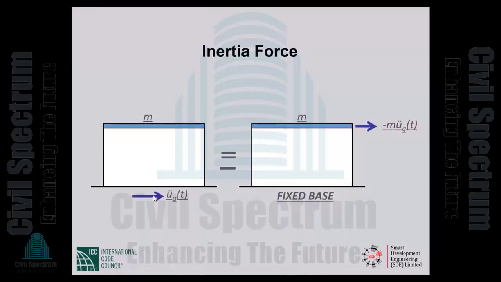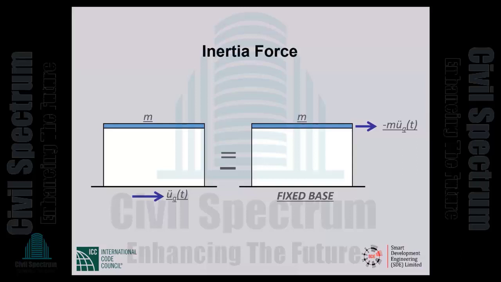If the ground acceleration at the base of the structure is U sub G double dot, note that U sub G is displacement of the ground. One dot is for first differential that will give you velocity. Second dot is second differential that will give you acceleration.